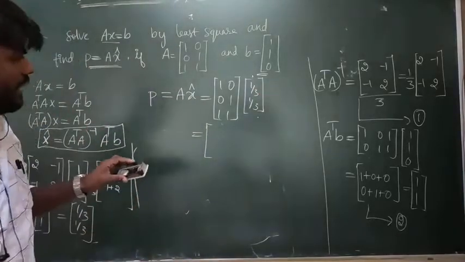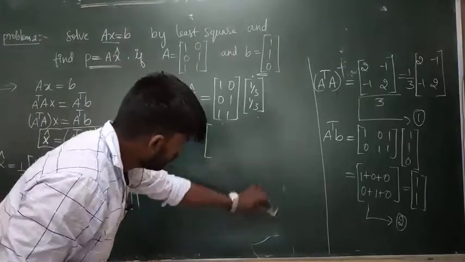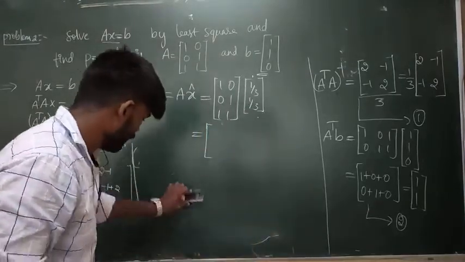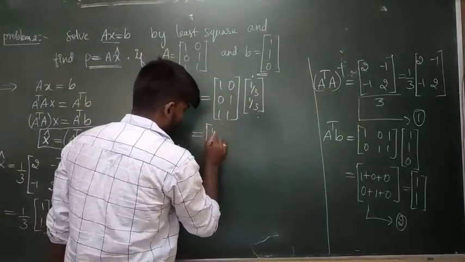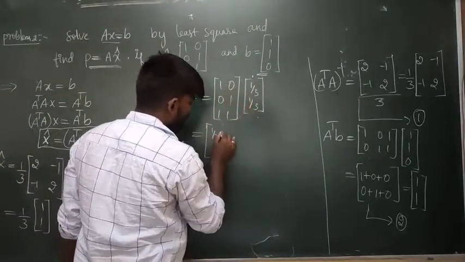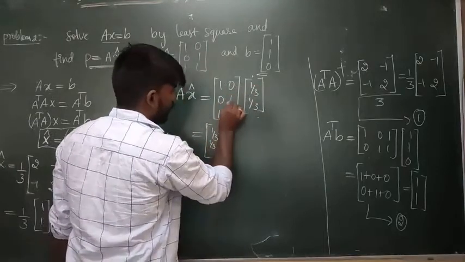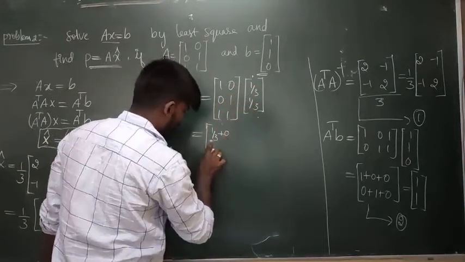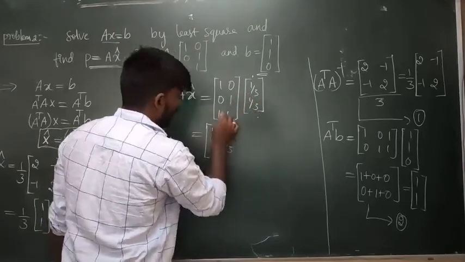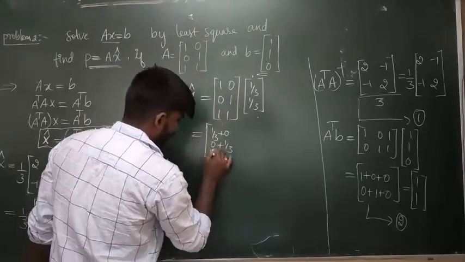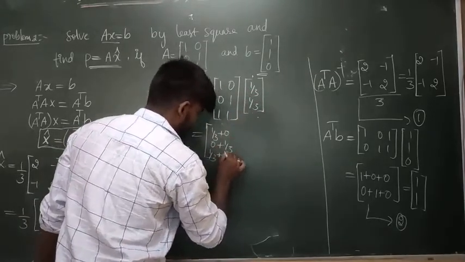This is the method of solving the given problem by the least squares method. Multiplying: 1 into 1/3 is 1/3, 0 into 1/3 is 0; then 0 into 1/3 is 0 and 1 into 1/3 is 1/3; then 1 into 1/3 is 1/3 plus 1 into 1/3 is 1/3.